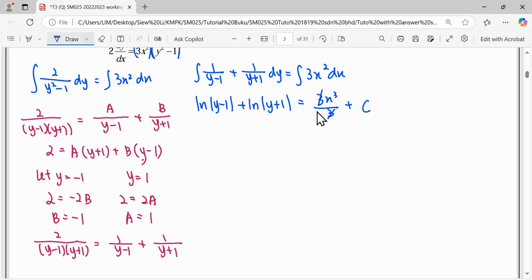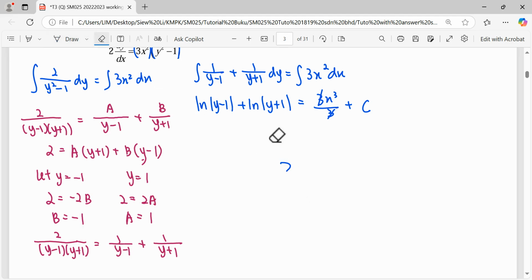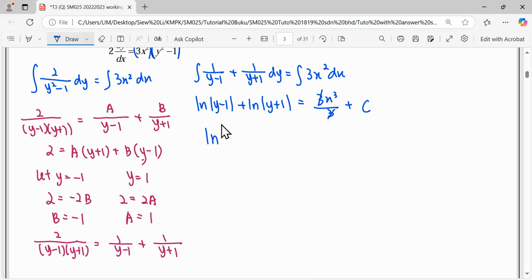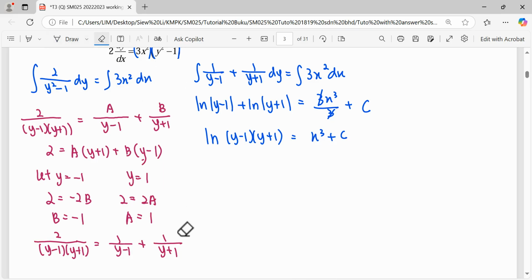The next procedure is we're going to simplify the solution with y as the subject. So we try to simplify the log terms here. When we have log plus log, the items will be in multiplication. Sorry, this is negative.